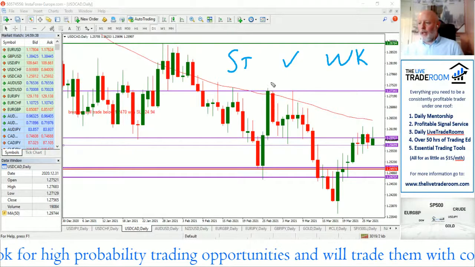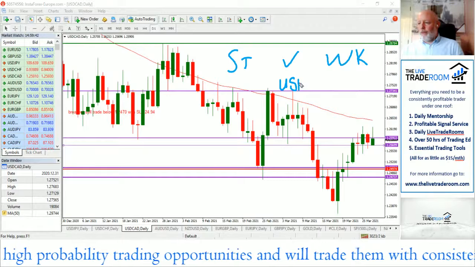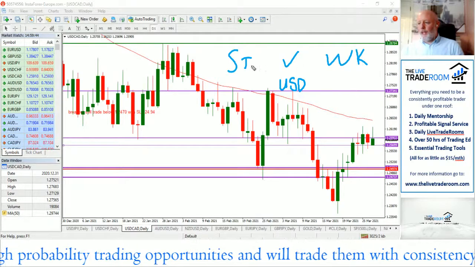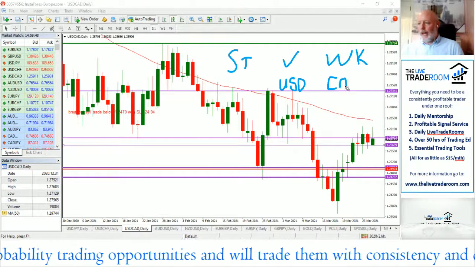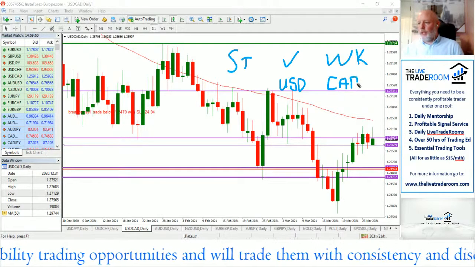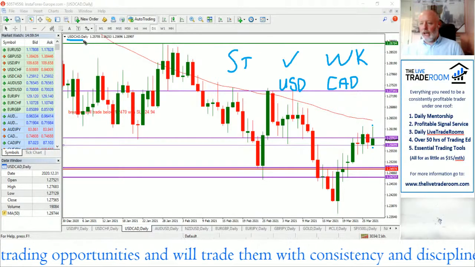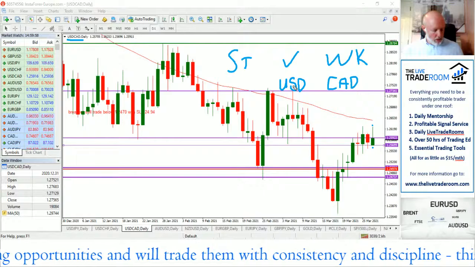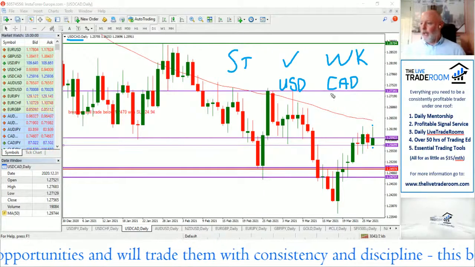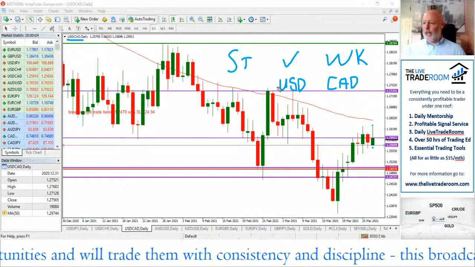So what we can do is we can probably put the US dollar in the middle a little bit, and we can certainly put the CAD over here. So just in today's price action. Sorry, this is the relative strength versus weakness in the dollar CAD.